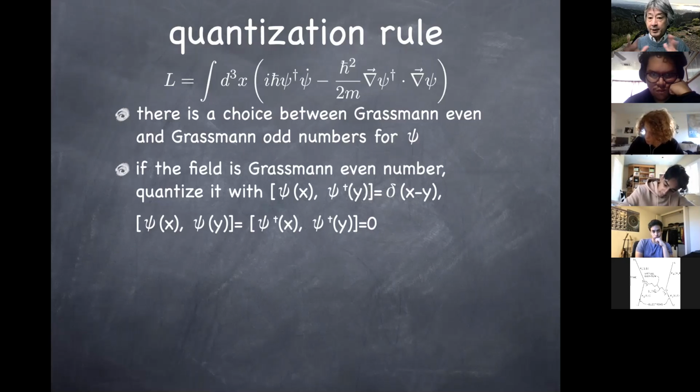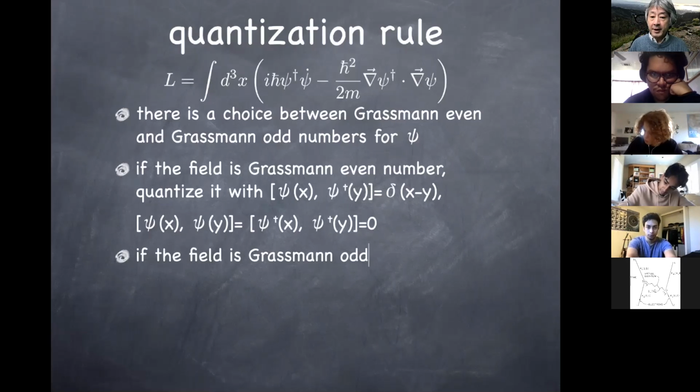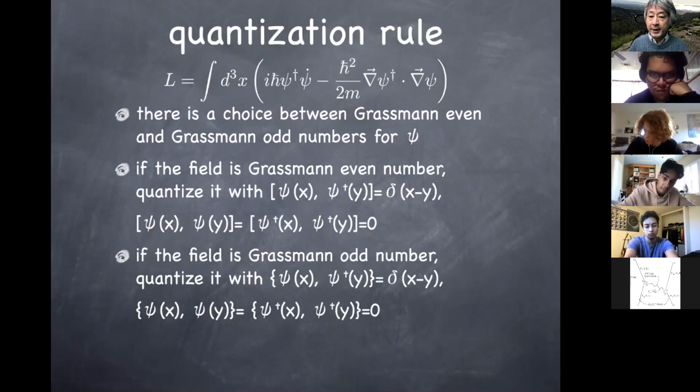That's something we have done all along over the past 3 weeks or so. But if you do have a Lagrangian written in terms of these weird Grassmann odd numbers, they are anti-commuting objects to begin with. So when you quantize this, you are supposed to use the anti-commutation relation instead of the commutation relation. So you have two versions of Schrödinger quantum field theory.